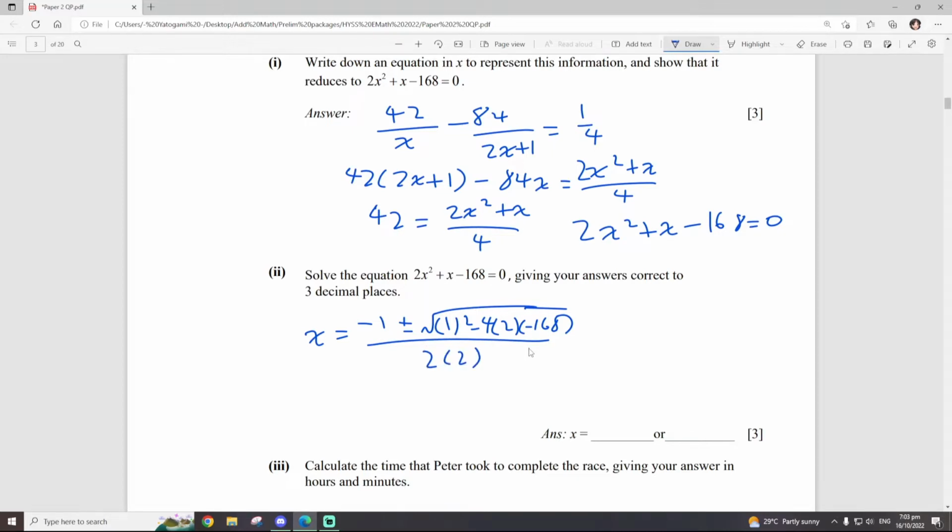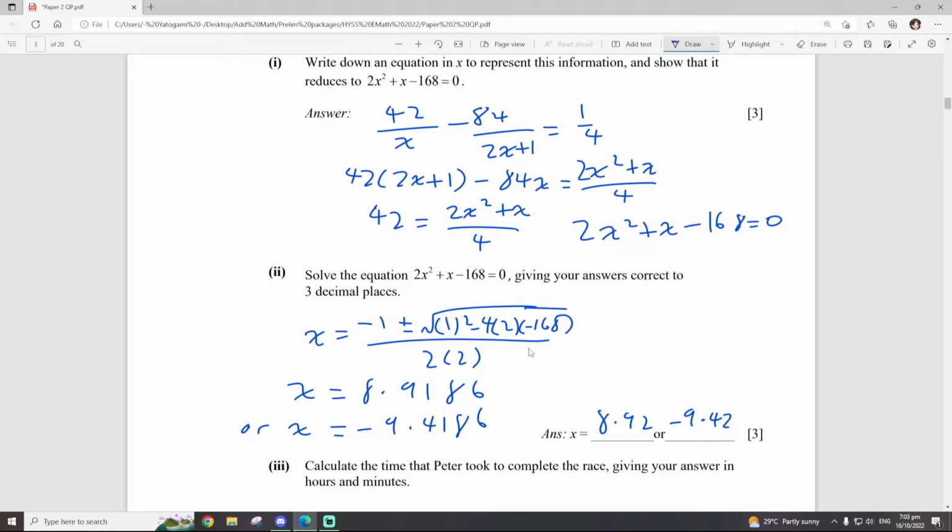Okay, so just write down the quadratic formula and solve it. You can use your calculator to help you find the solutions. So x is 8.9186, or x equals to minus 9.4186. Okay, and for this we'll just write down the 3SF values. So that's 8.92 or minus 9.42.